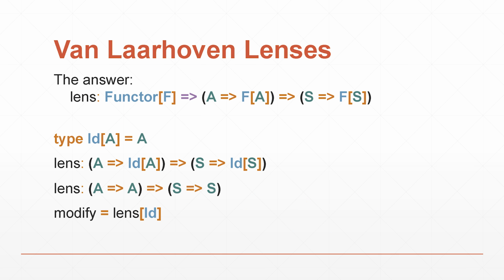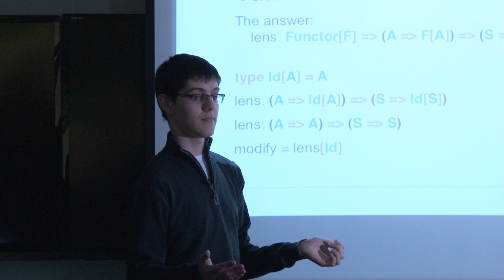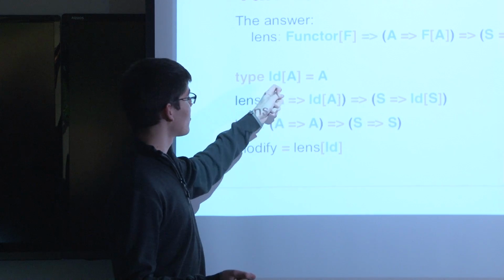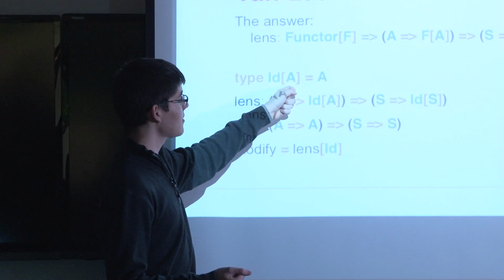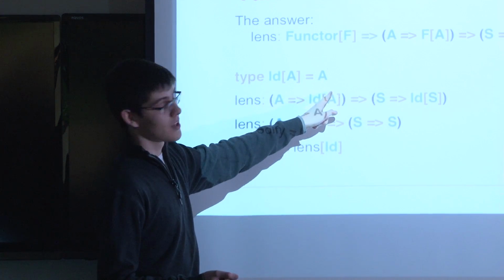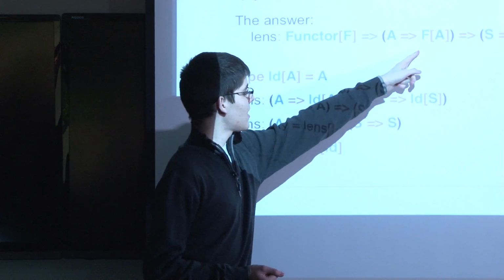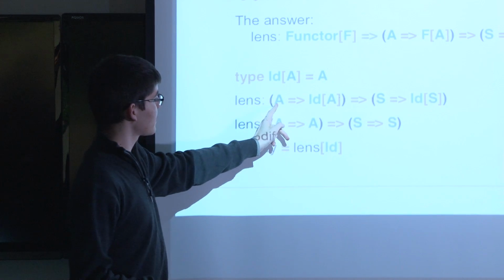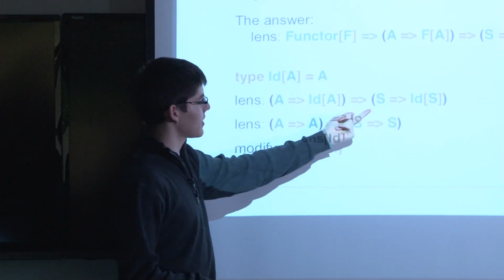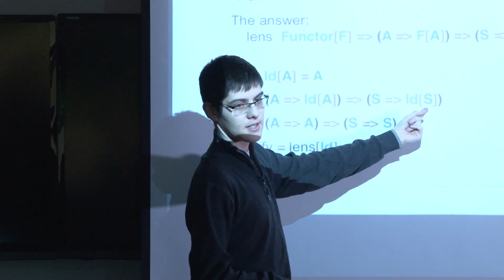What we can do is think of f as a type level function, which takes a parameter, a or s, for example, and gives back another type. All right? So here we will take the identity function, that for every a, we return an a. So we'll substitute f for identity, all right? And we get, given a function a to identity of a and an s, we get back an identity of s.